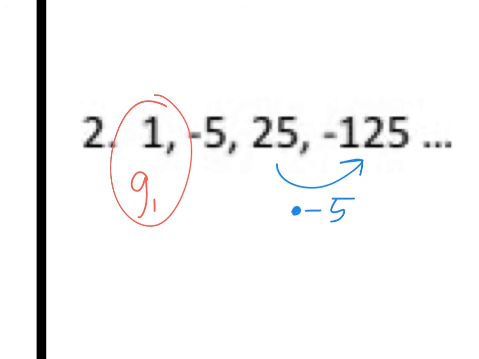Catherine, what's my first term? My first term is 1. That's G1. It is multiplying not by half. It's multiplying by -5. So your common ratio is -5.